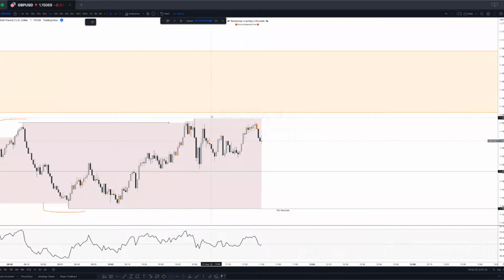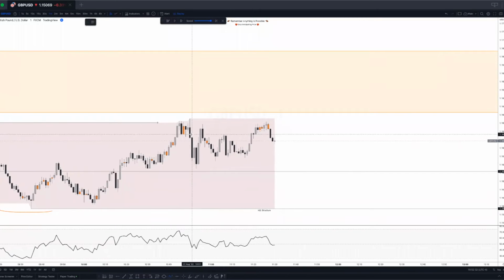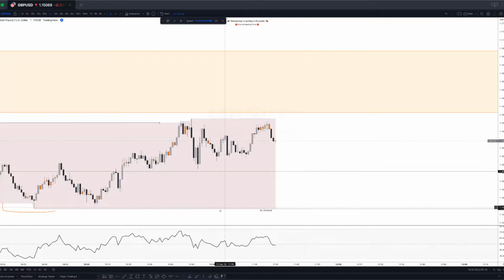So if you don't see it, here, and here, made a low, made a high, made a low, low. So that is lower degree structure.